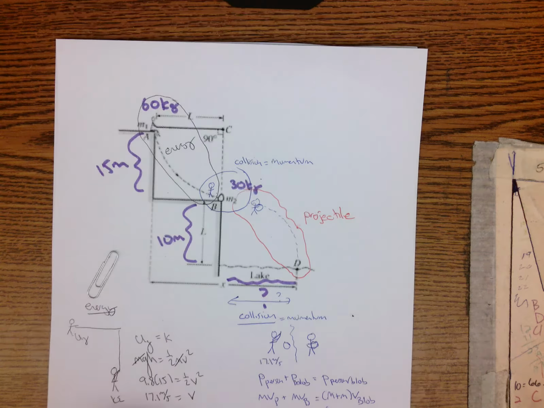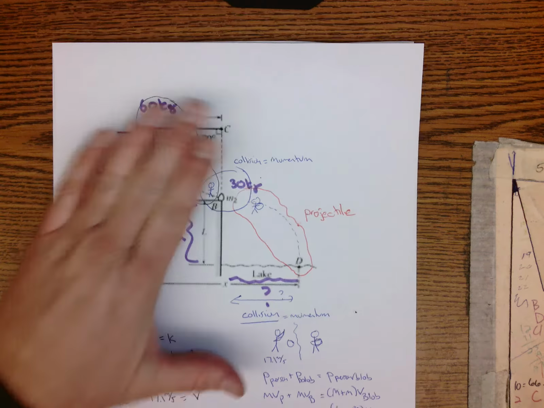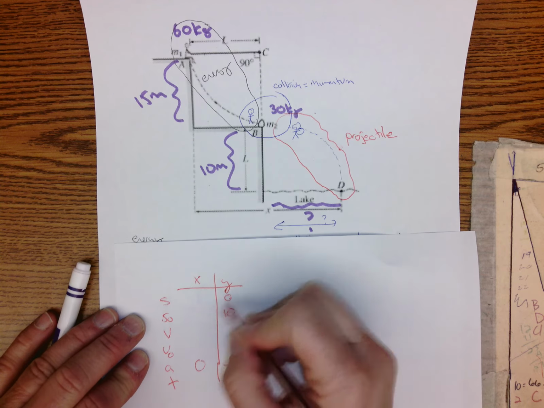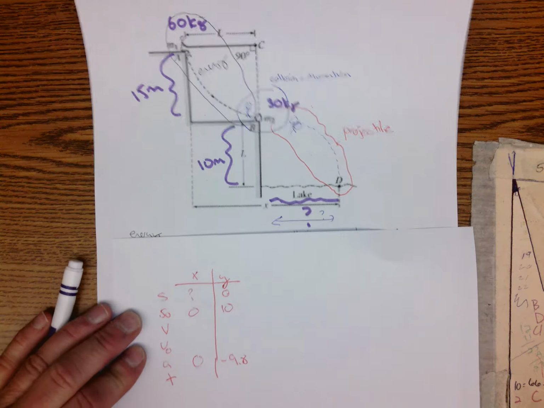Now, we're just back to a projectile problem. So, if you think of it as a projectile problem, you make your chart. You know the accelerations. You know he starts up 10 meters and lands on the ground. We're looking for how far he went.